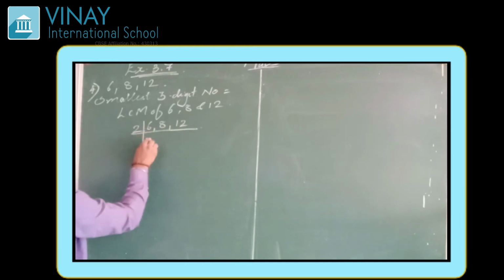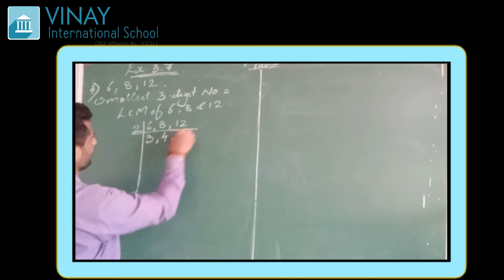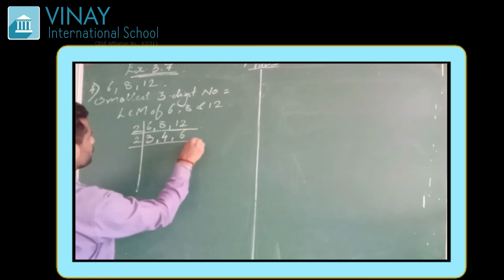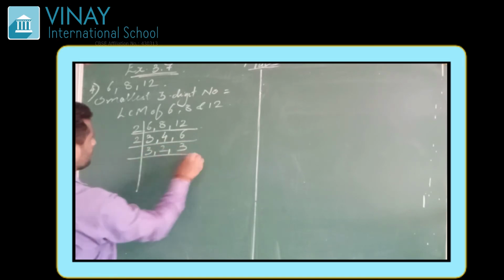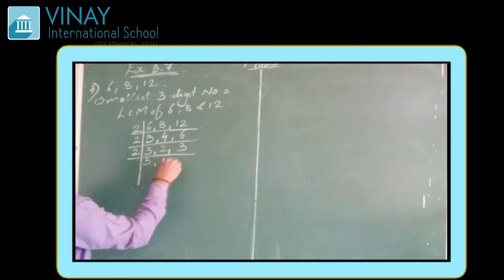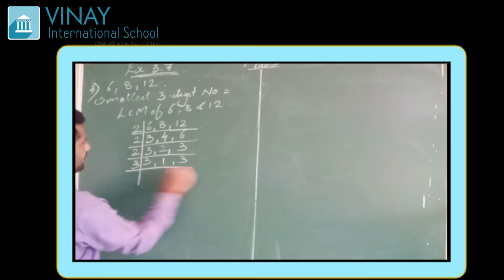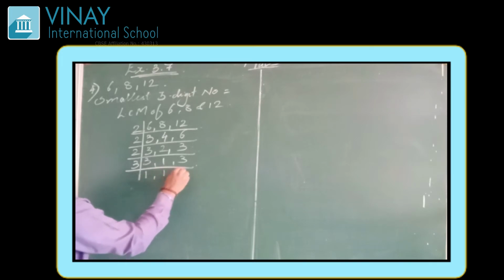All are divisible by 2. It will be 3, 4 and 6. Again 2, 3, 2, 3. Again all are divisible by 3, 1, 3. Again it is 3, 1, 1 and 1.